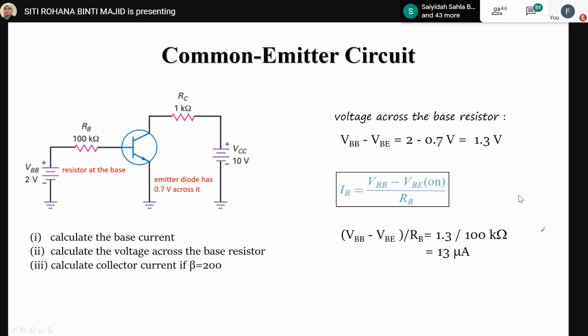Now the value of IB, you just plug in the value, and that's milliampere.